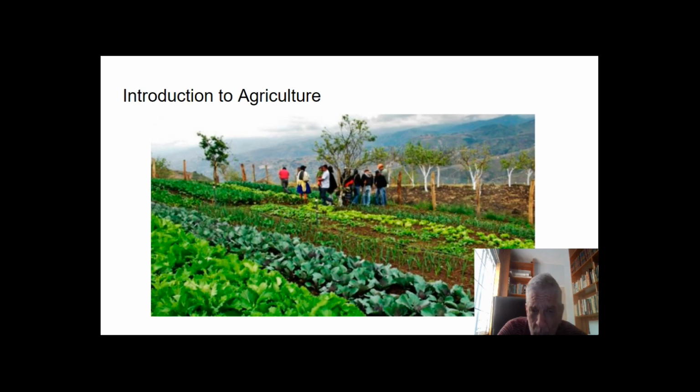Also, we notice here we have what is called intercropping. We have different crops. So we have lettuce. This looks like a type of cabbage, onion, probably more lettuce. In the back we have some fruit trees.